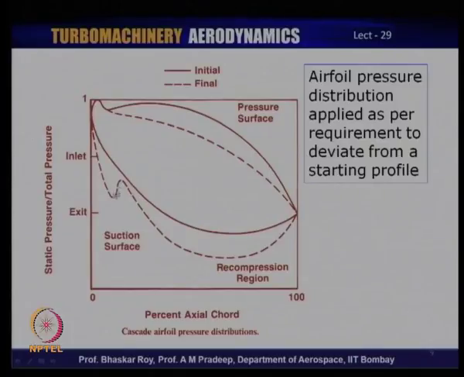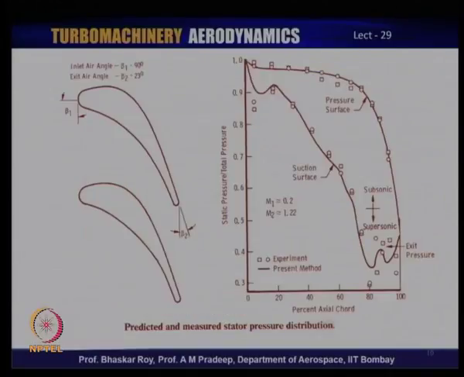There is a small kink over here, and then there is a small prominent recompression, that means a small diffusion of the flow before it hits the trailing edge of the suction surface. This is done deliberately to deviate from the ideal or starting profile to arrive at a final profile.